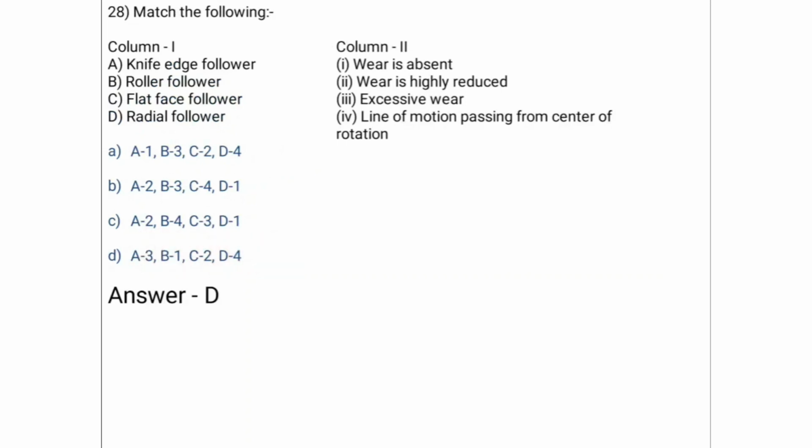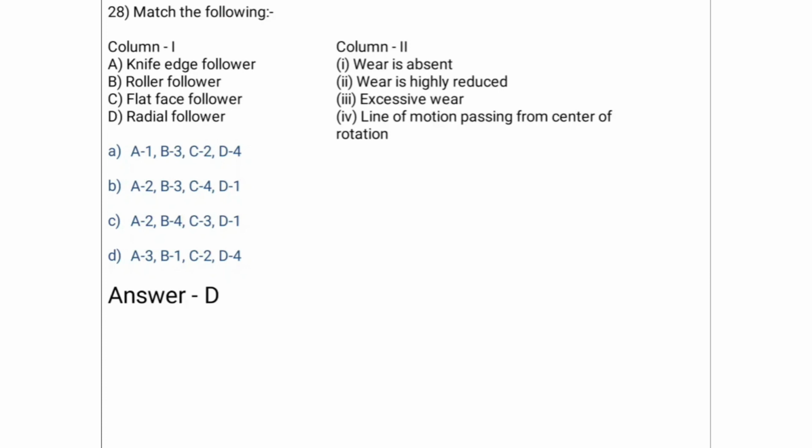Why knife edge follower? See here, the knife edge follower has a sliding action on the cam plate, due to which there is more friction resulting in rapid wear and tear of the cam plate, as well as more power being required for driving the cam due to the high friction.